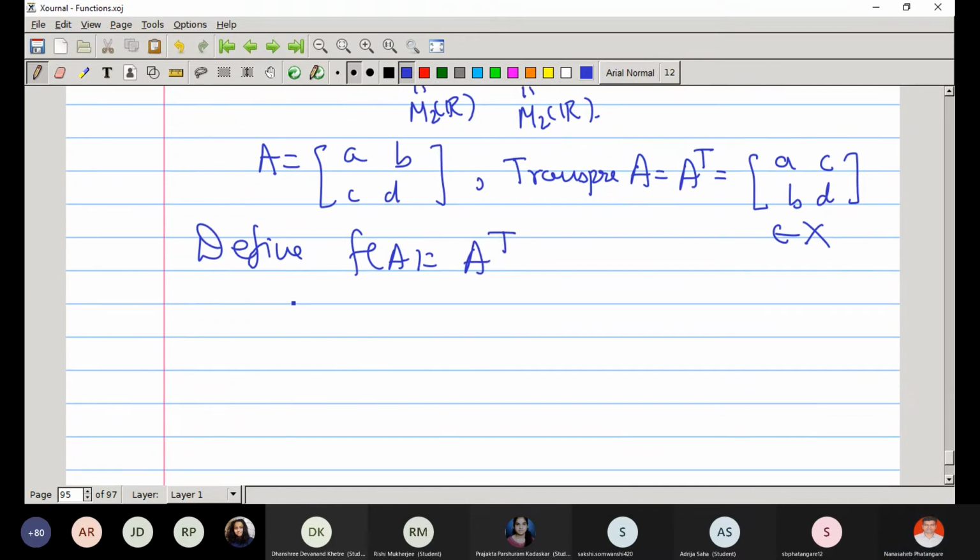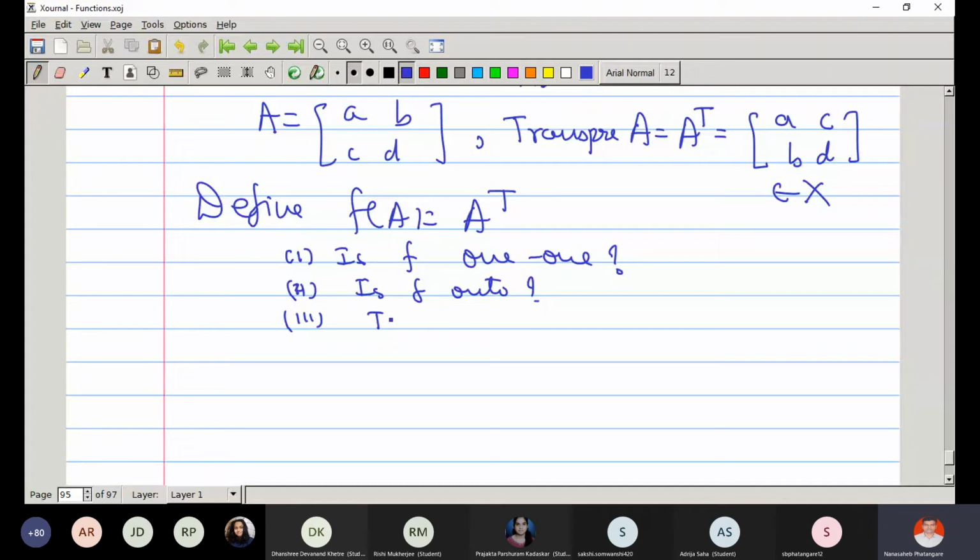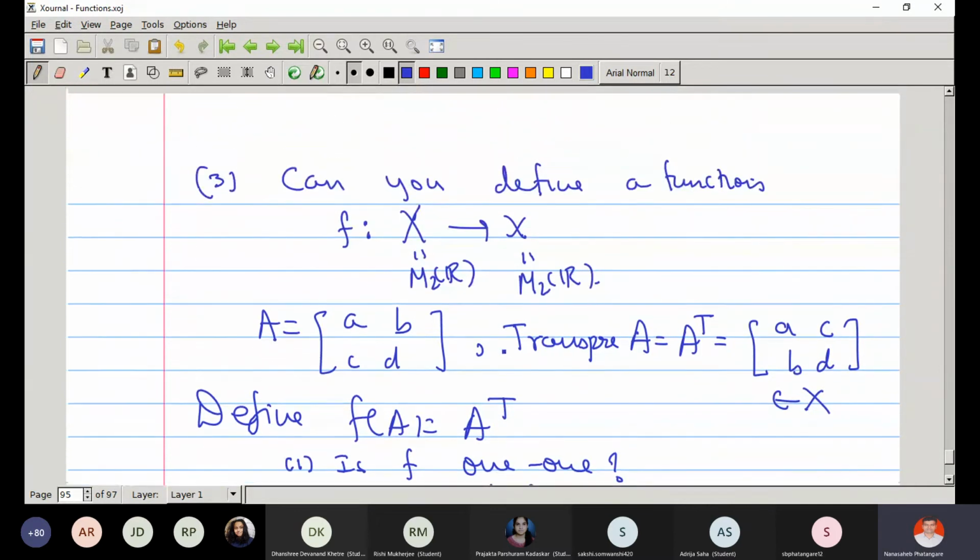Again, you can think about whether f is one-one. Is it a function? This question might be difficult, but you can think about it. Is f bijective? So you should understand that functions from only real numbers or natural numbers or integers are not sufficient.